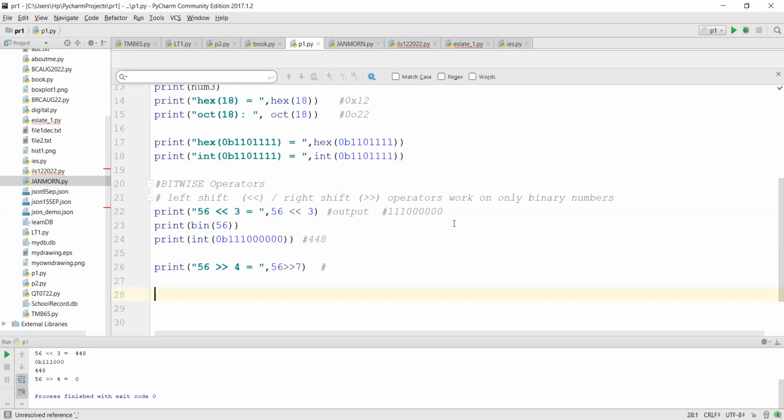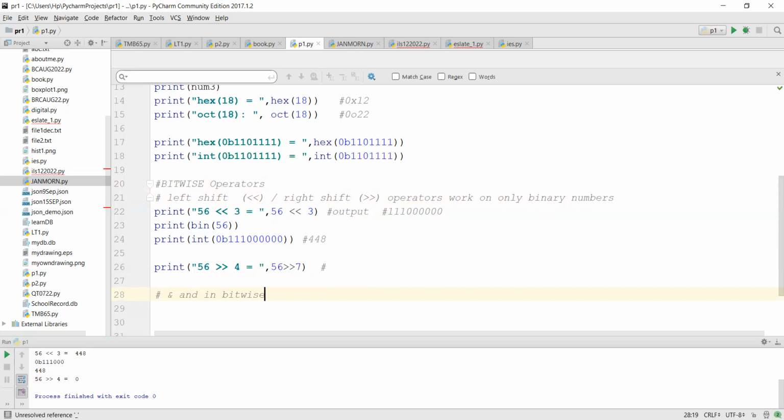So in bitwise you have left shift, right shift, and also and, or. And is written as ampersand. Logical and is written as a-n-d, but your bitwise and is written as ampersand.